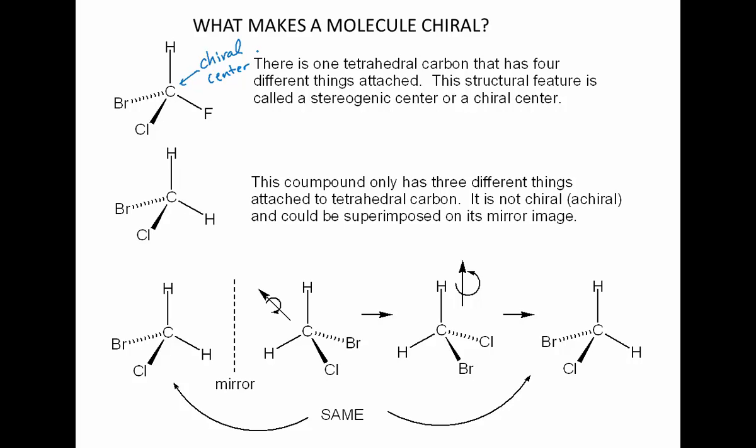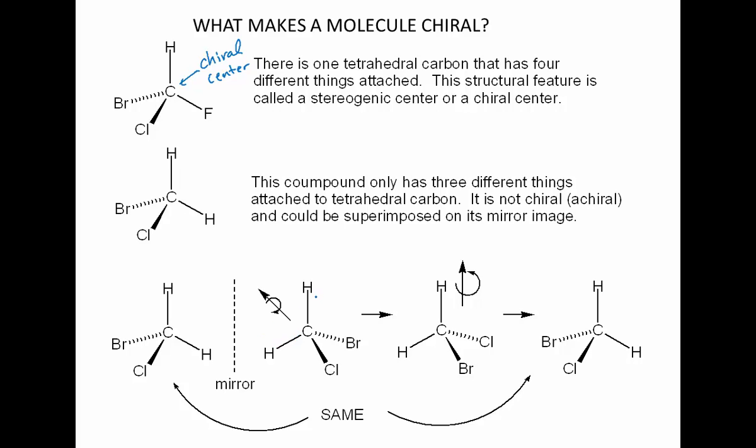All right, when we make just two of those substituents the same, the molecule is not chiral anymore. So let's just imagine that I turned the fluorine into a hydrogen. And here's our situation here. Here's our mirror. Okay, and now I'm going to rotate along this axis right here.